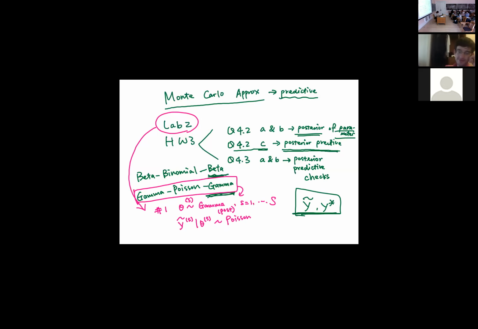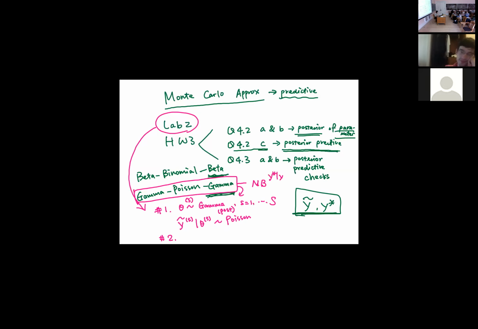And in lab 2, we also talked about, just to elaborate again, the goal of lab 2 is, for the Poisson-gamma case, you will notice that if you try to derive the posterior predictive distribution of y, it's going to be a negative binomial. So this is the case where you can actually derive the analytic solution of y tilde given y.